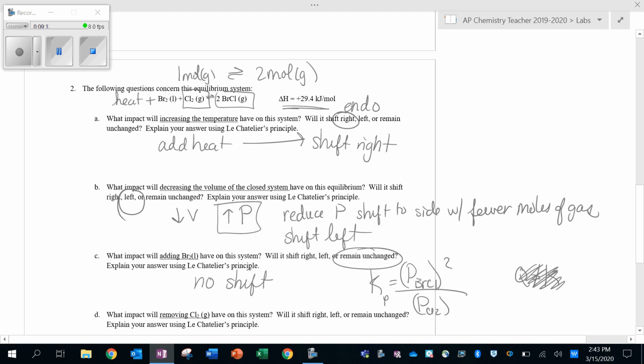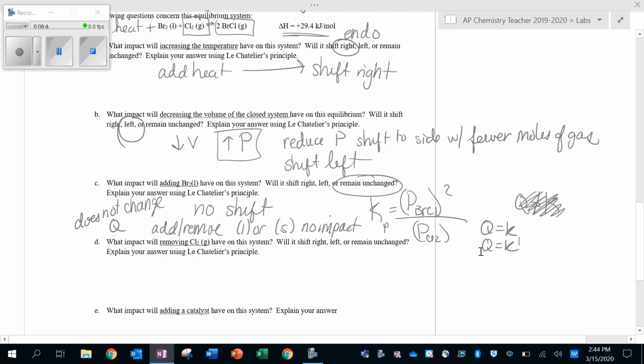If you're at equilibrium, adding or removing liquids or solids will have no impact. It will not cause an equilibrium shift, because it does not change your Q value. When we're at equilibrium, Q is equal to K. If I add more bromine, Q is still equal to K, so I'm still at equilibrium, and no shift is going to occur.